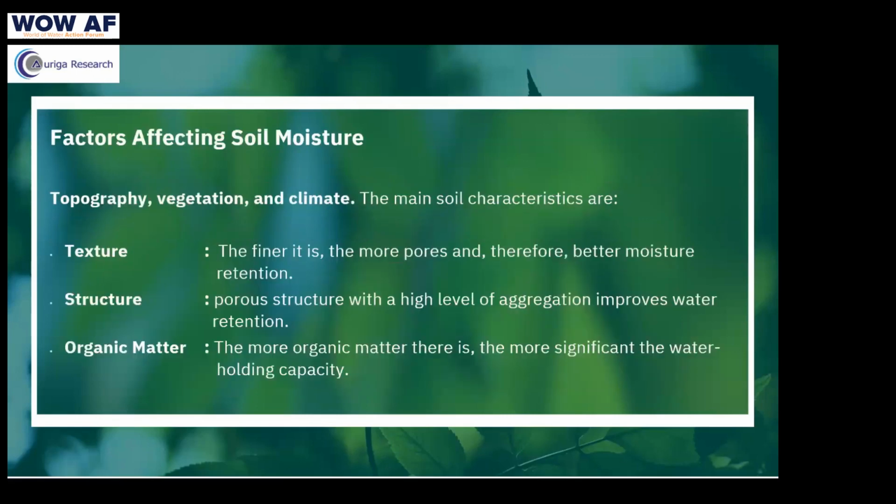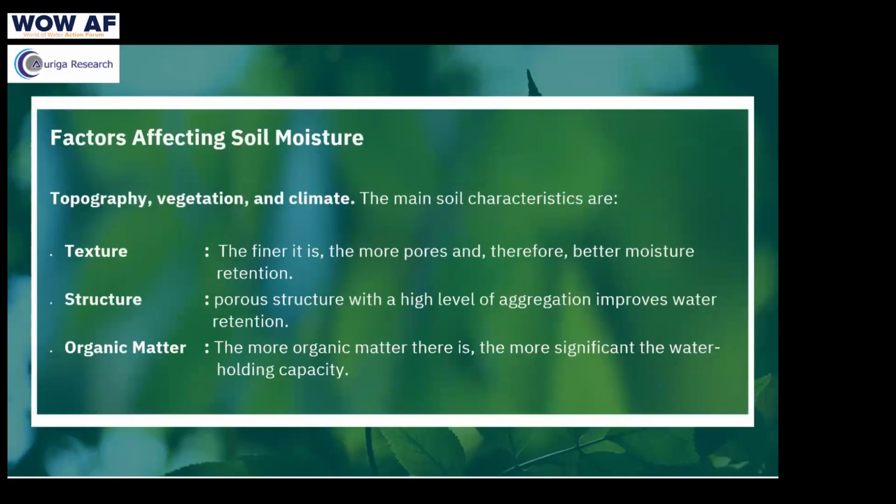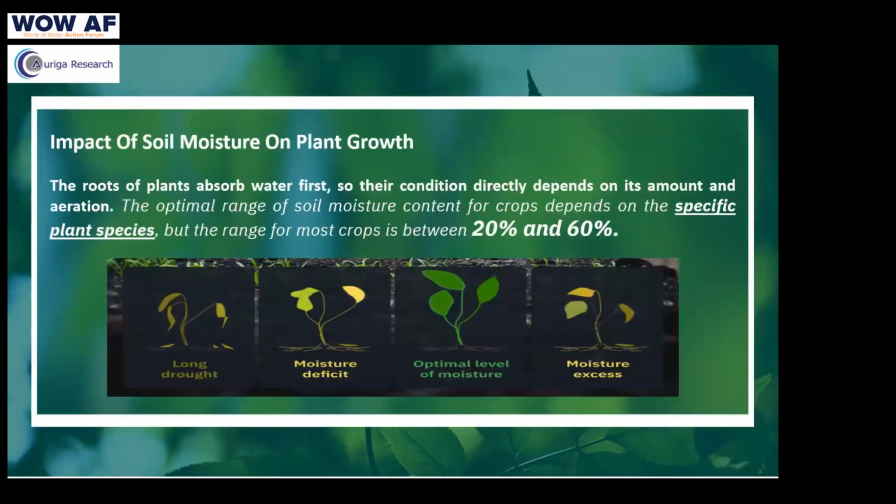In terms of soil moisture, texture is important, structure is important, and the total organic matter in the soil is important. Along with soil density, soil temperature, soil salinity, and the depth of the soil, all of this put together will have the final say on whether the plant is going to face a water deficit or water excess.